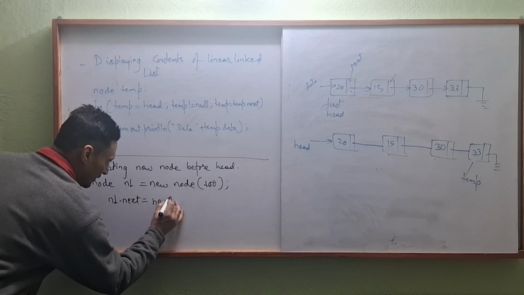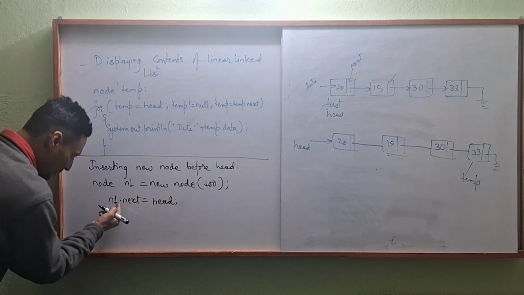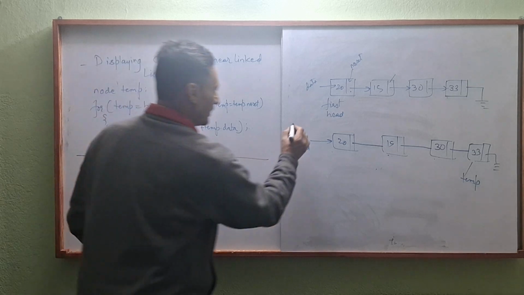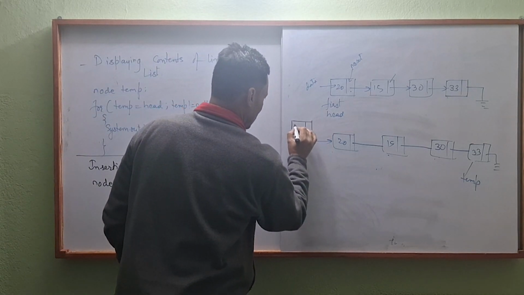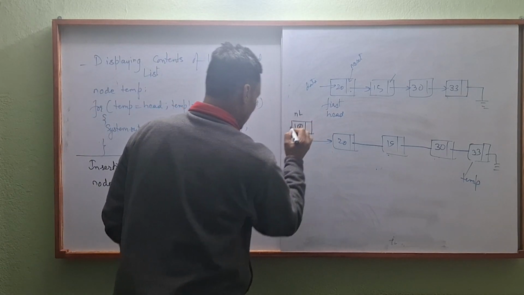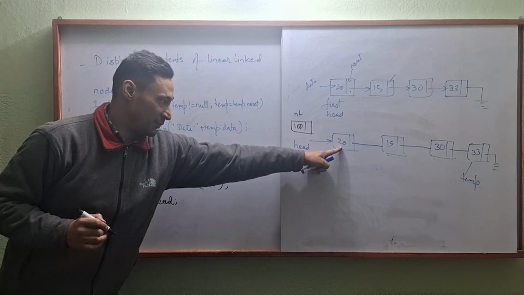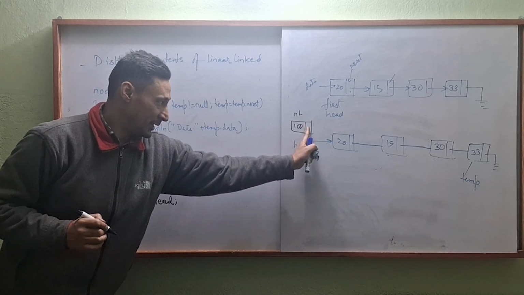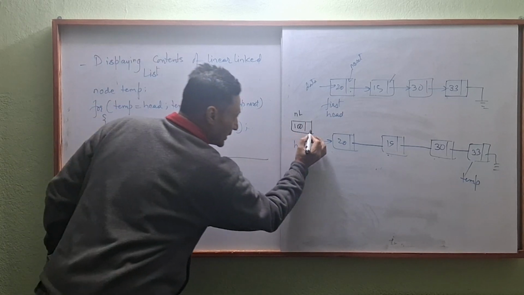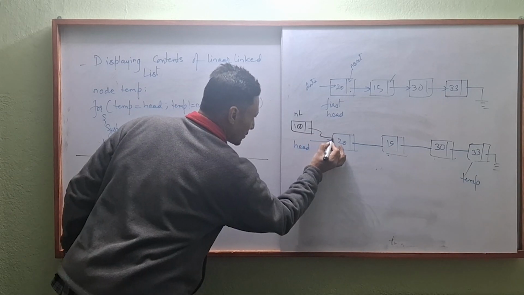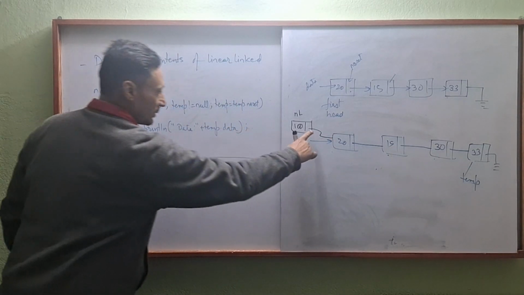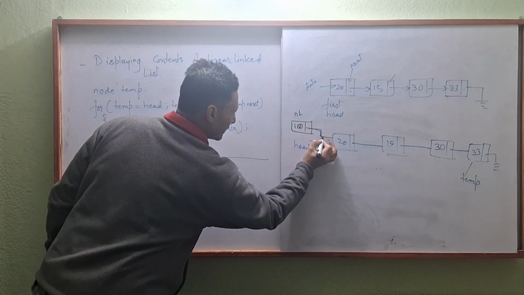We assign the reference of head to the next of n1. This is n1, it has 100, and its next will contain the reference of this node.